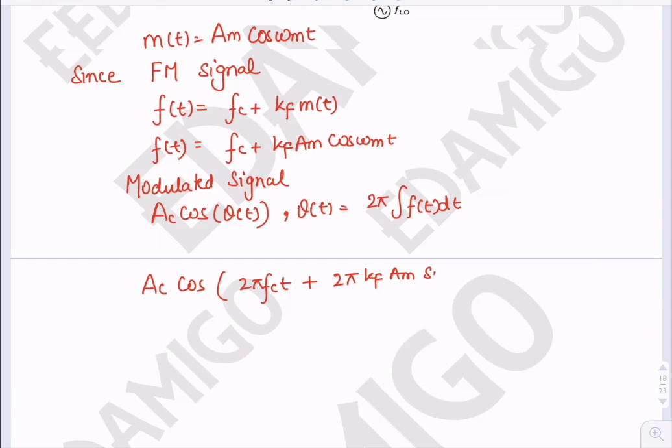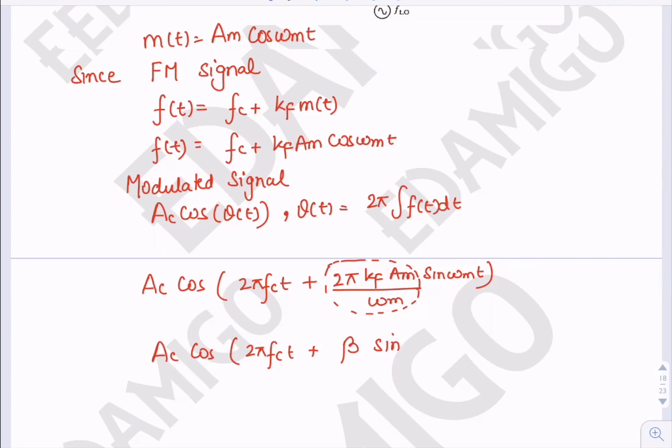So integration of cos is sine omega m t, and we'll get omega m in the denominator also. Let us say that this term is beta. So this is a constant term. So this is Ac cos of 2 pi fc t plus beta sine omega m t. Or even if we do not write beta, then also it will work, so there is no need of it.